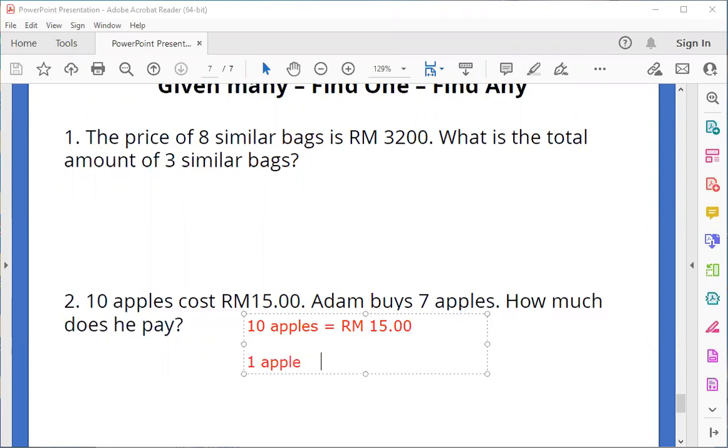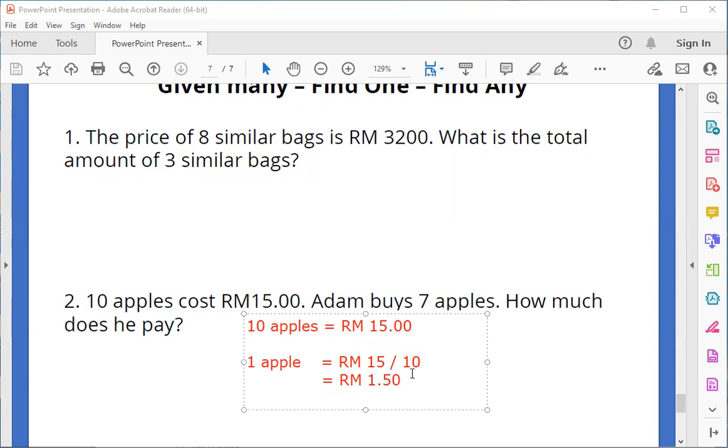The unitary method always finds 1 first. To do that, you take your RM 15 and divide by your 10. What will you get here? 15 ringgit divided by 10, you'll get 1 ringgit and 50 cents. That means 1 apple is 1 ringgit and 50 cents.